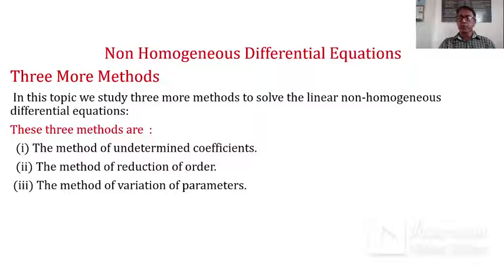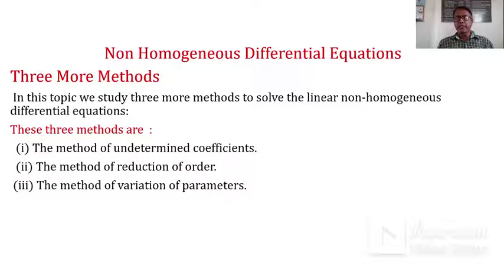Up to this, in the previous chapter, we only saw the methods in which we consider the non-homogeneous linear differential equation with constant coefficient. Now in this chapter, the first method is applicable for the non-homogeneous linear differential equation with constant coefficient.